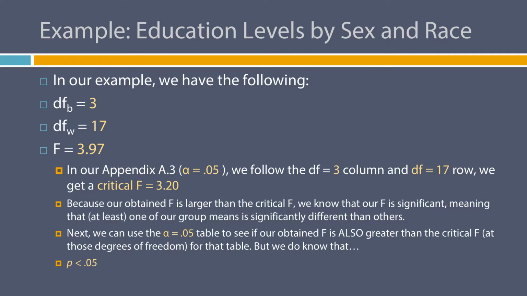The means between these groups differ so much that we ended up with a large F value. So the null hypothesis is less than 5% likely to be true, meaning there's more than a 95% chance that the research hypothesis could be true.